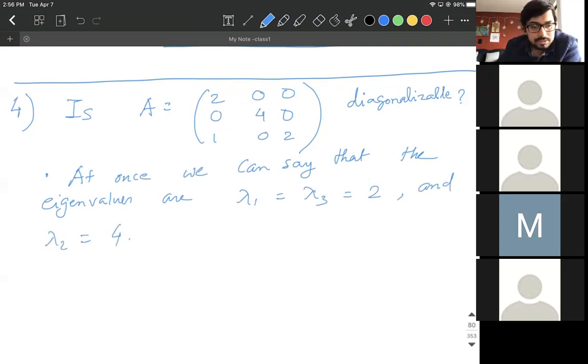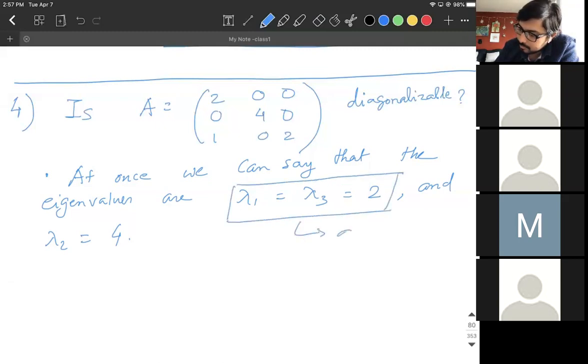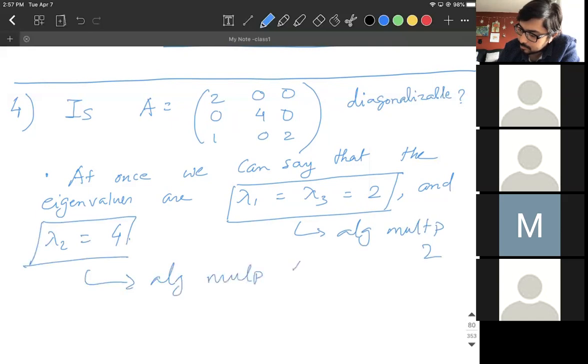So just to emphasize the position, the first and the third position is that of 2 and the second one is 4, it's just a way of naming. So this one has algebraic multiplicity 2, and this one has algebraic multiplicity 1.